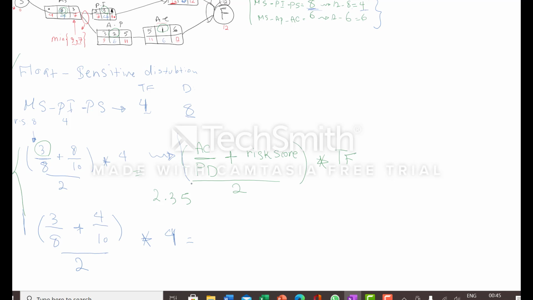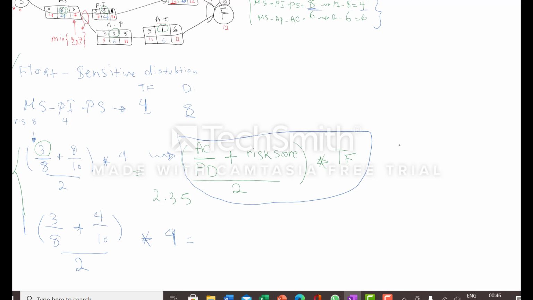For the path of this one, MS, AP and AC, the total float is 6 and the duration is 6, the same as the previous path.